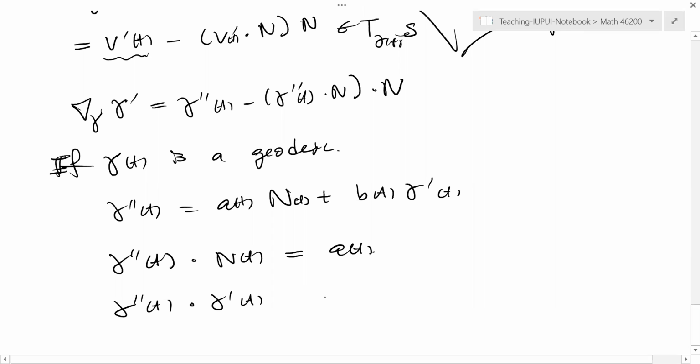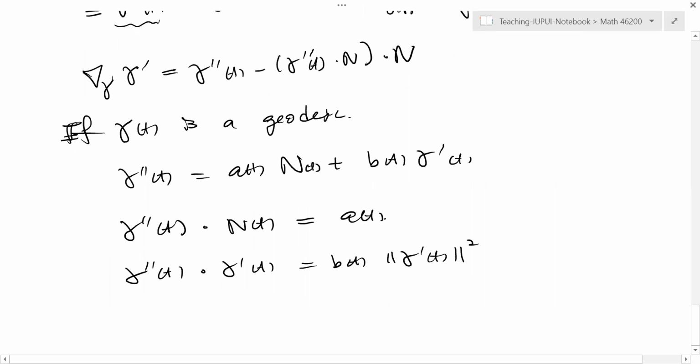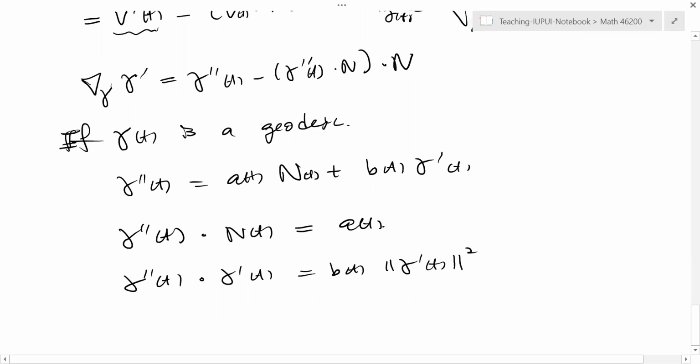Then you have to be careful. This is the length of gamma prime of t squared. Slightly different. That's for B. So this part is just L. So if it's a geodesic, then you have this identity.